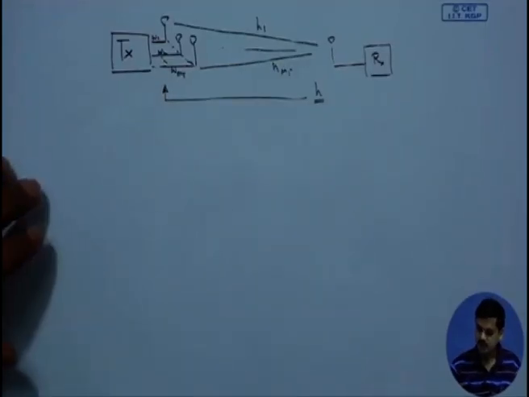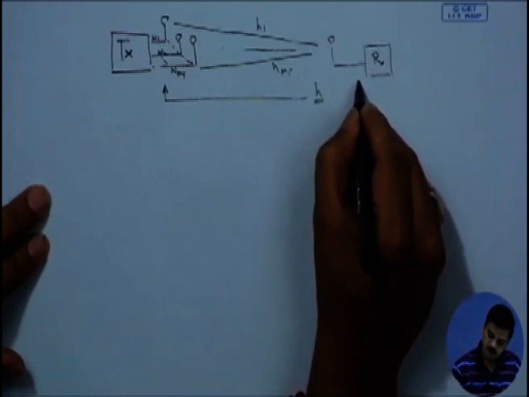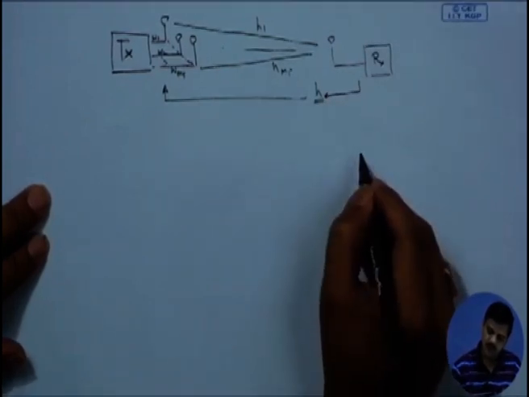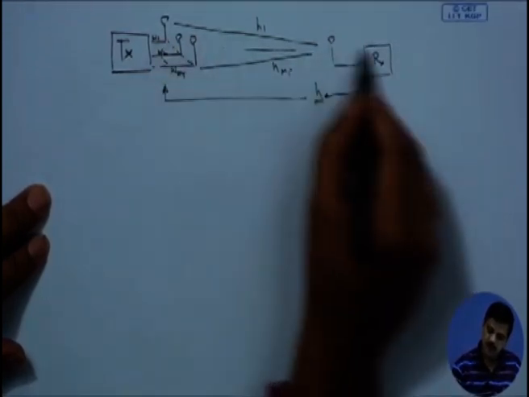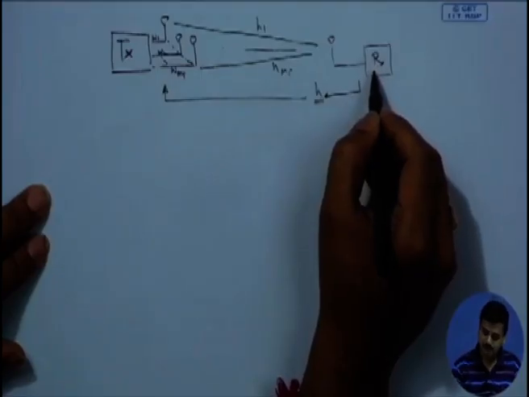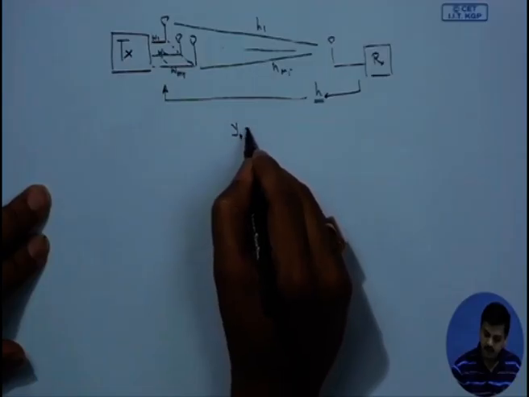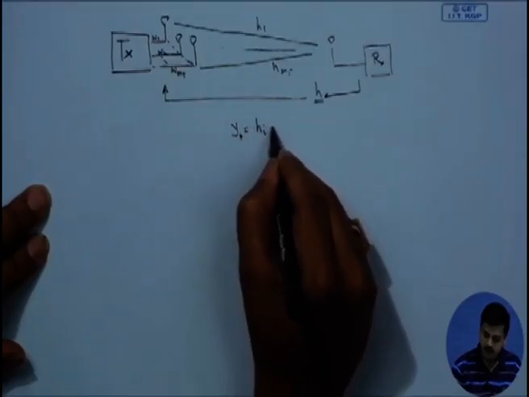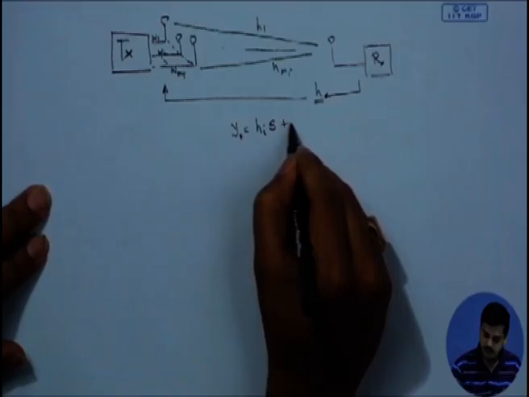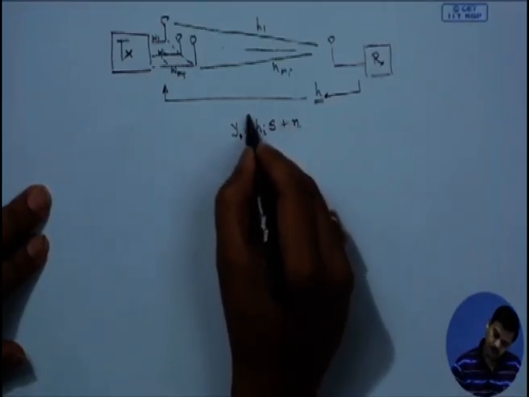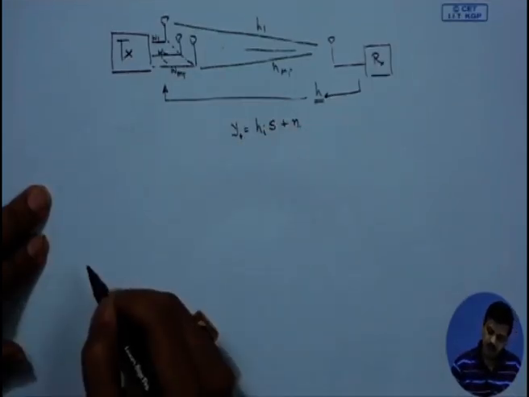Now this is significant. For this to happen, one must understand that the channel has to be estimated at the receiver. So for channel estimation, if we typically take y equals h_i times s plus n, we need to estimate all of these channels.